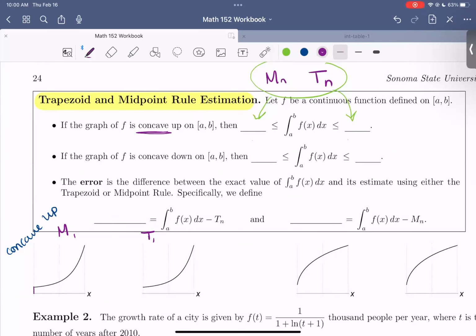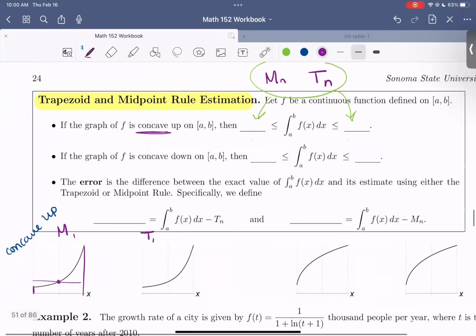If we are looking at this integral under this curve and we use a midpoint rectangle, the height of our rectangle will be right here. I'm going to use a solid, thicker line here. Beautiful. So we have that line there, showing us the midpoint rectangle we'd use.